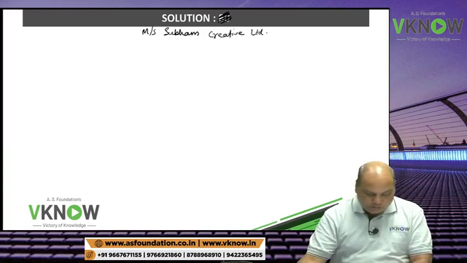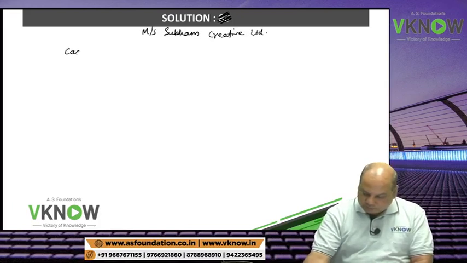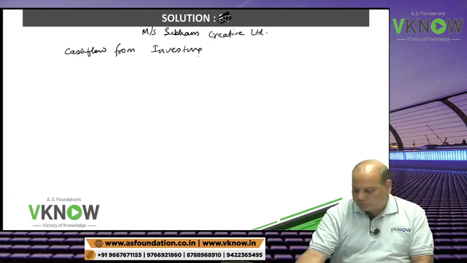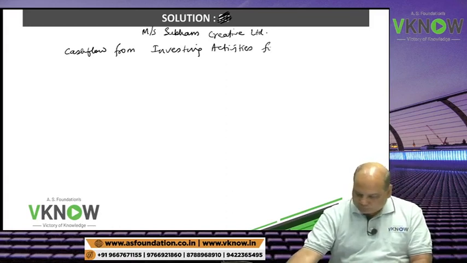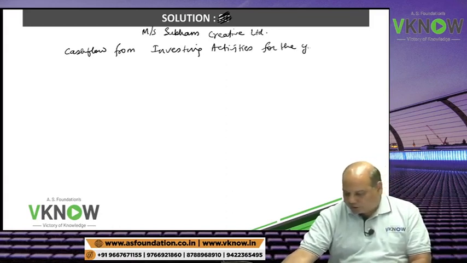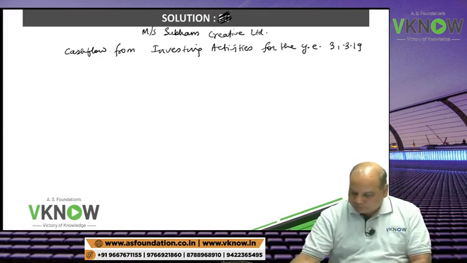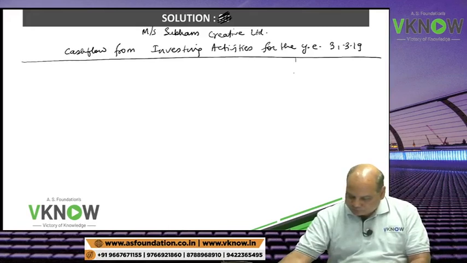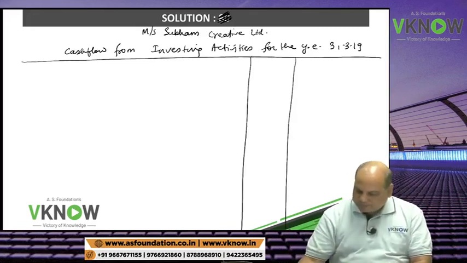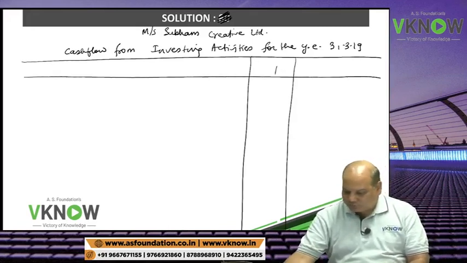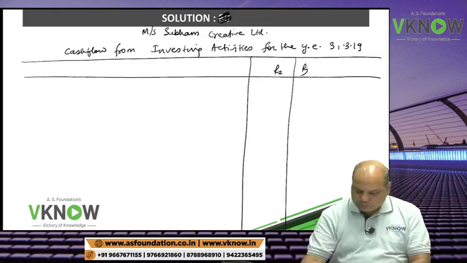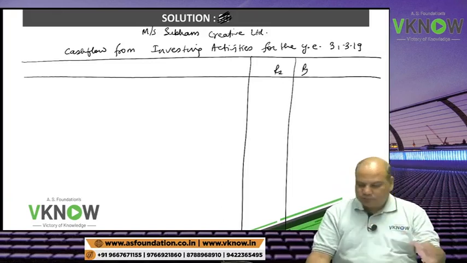Cash flow from investing activities for the year ended 31st March 2019. Right hand side two columns.